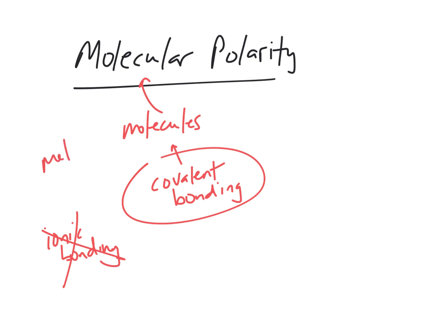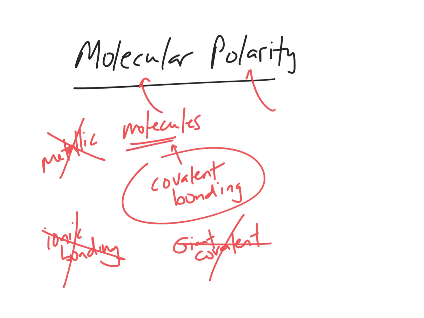This is not about metals that have metallic bonding. This is also not about giant covalent molecules like silicon dioxide, network solids like diamond or graphite. This is about covalently bonded little discrete units that we call molecules.